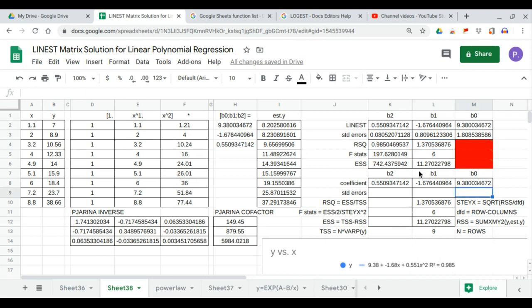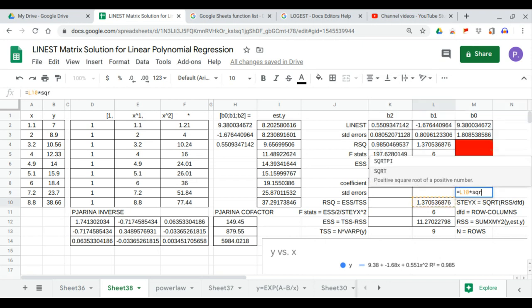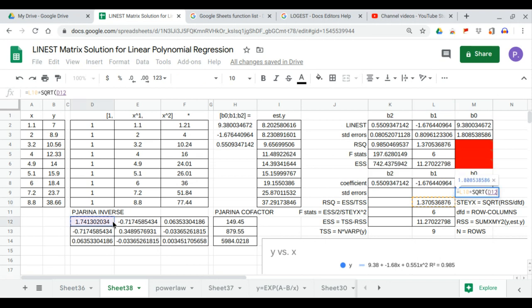Next, we calculate the standard errors. Here we have the standard error of y times the square root of the first diagonal element. 1.808 matches our LINEST output.